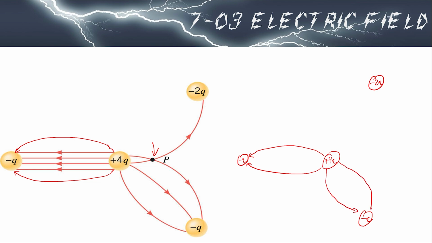I'm making them curved so they leave the surface at 90 degrees. The negative 2Q should then have 4 lines. And the 4Q should have 8 lines. Look at that. It has 8 lines. So that's more of what this map should look like.